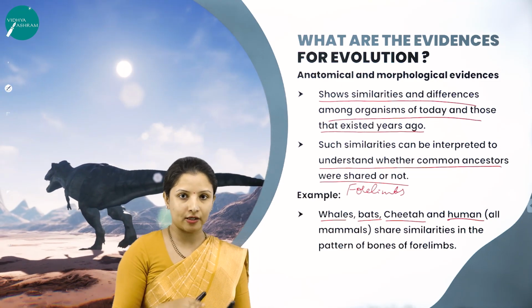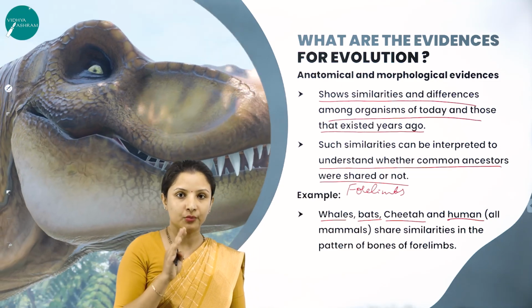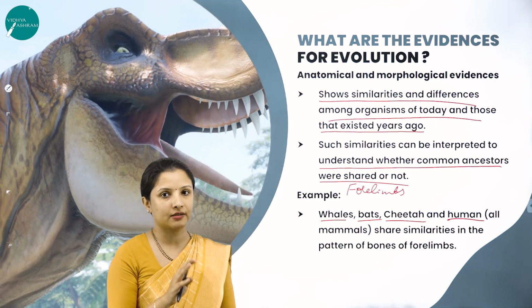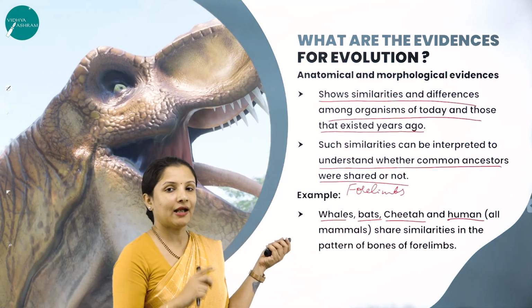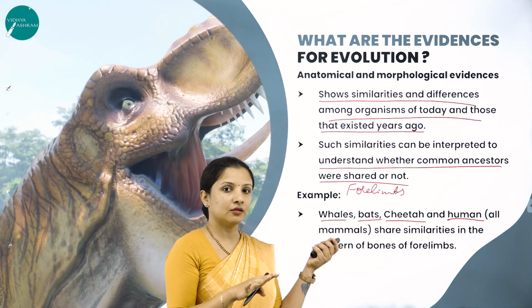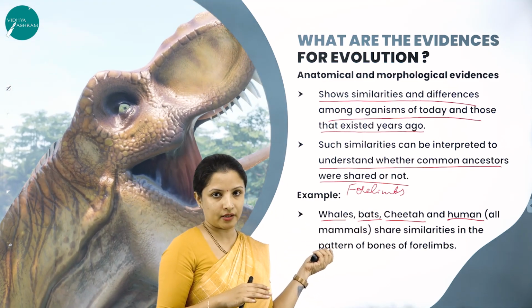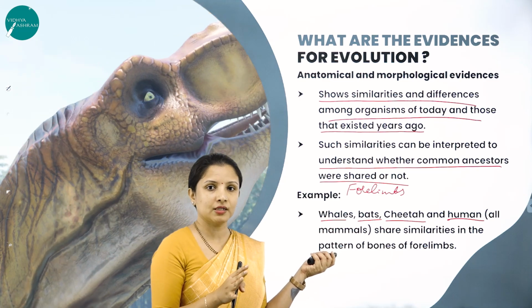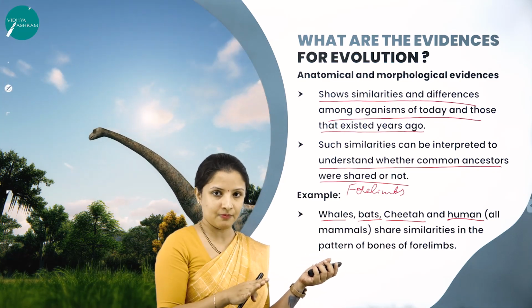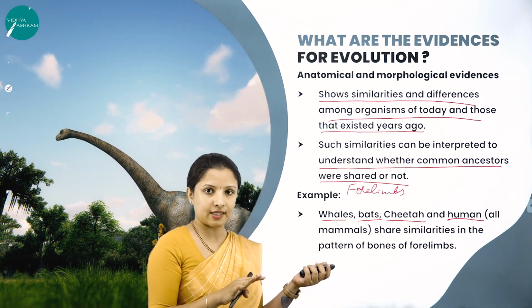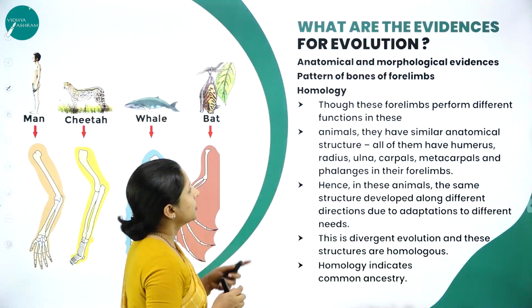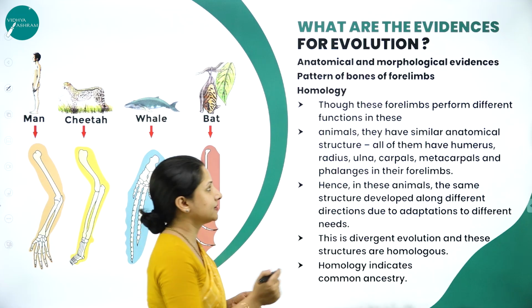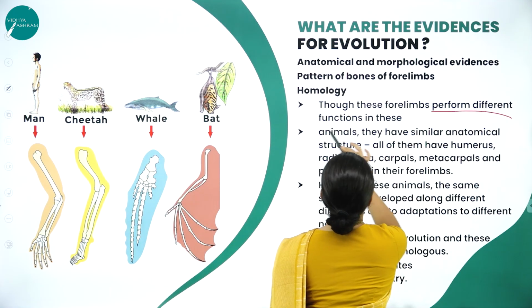But when we look at their anatomy, that is the arrangement of the bones and the bone structure, it is quite similar. So this is one of the best examples wherein we can say that anatomically they are related to one another, because anatomically the structure of the forelimbs is the same, but morphology and function is different.